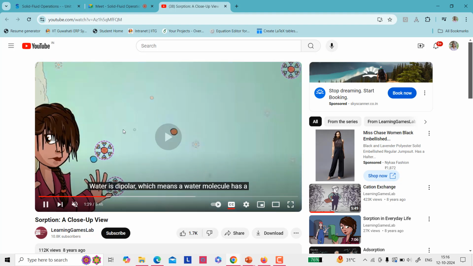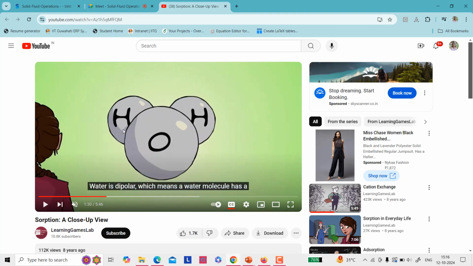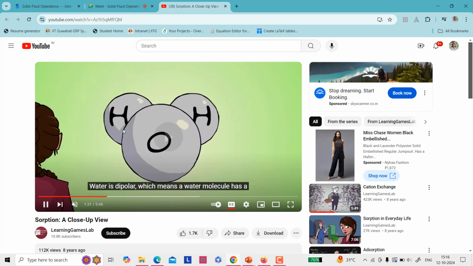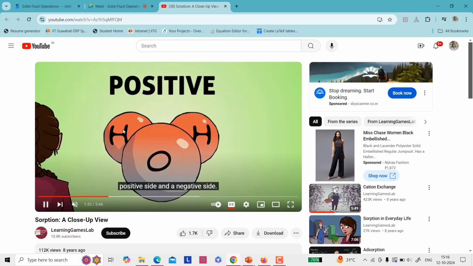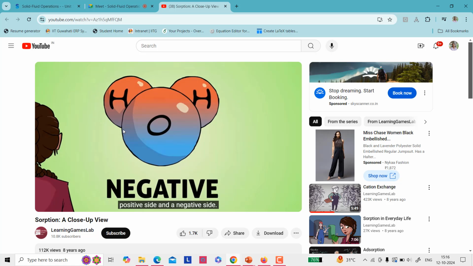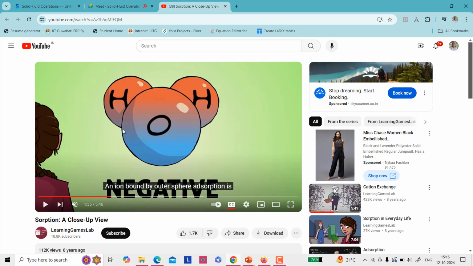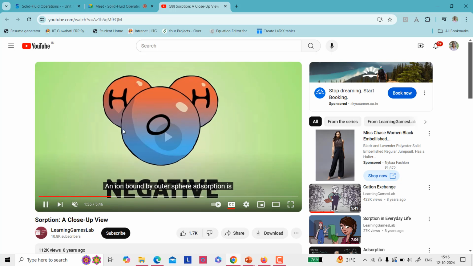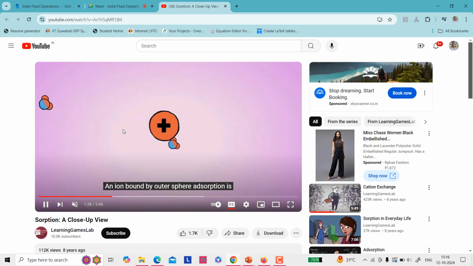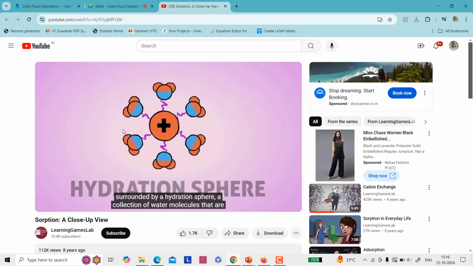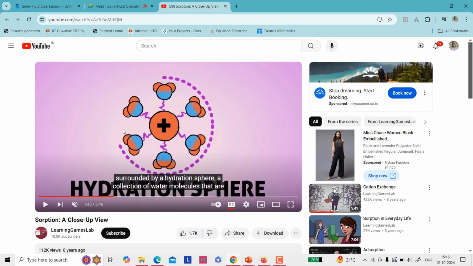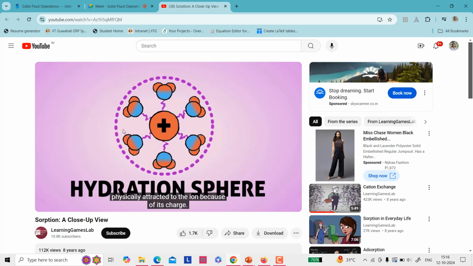Water is dipolar, which means a water molecule has a positive side and a negative side, that is the oxygen side. An ion bound by outer sphere adsorption is surrounded by a hydration sphere, a collection of water molecules that are physically attracted to the ion because of its charge.